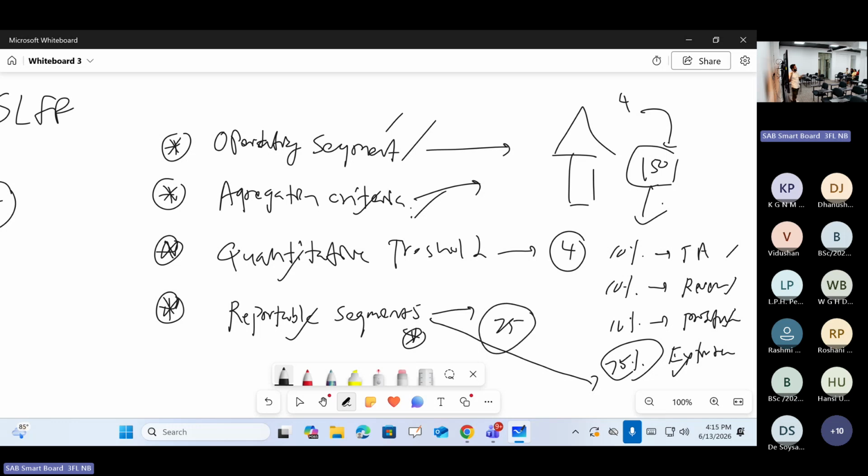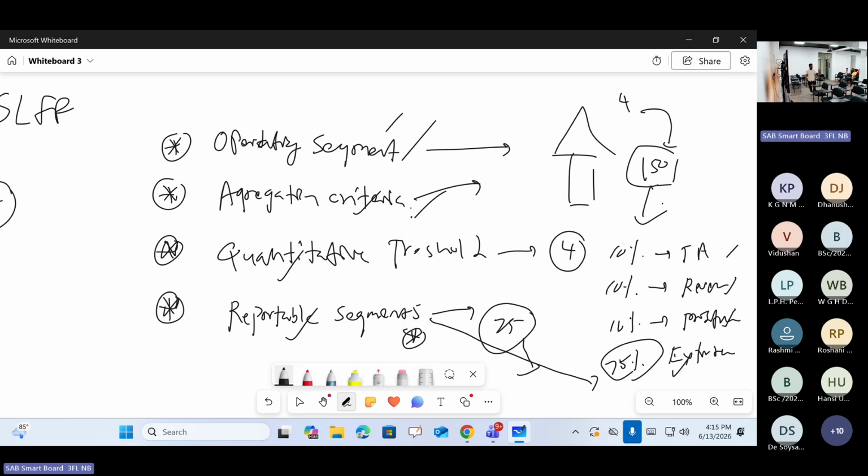After aggregation and the quantitative thresholds, by putting these filters, you are ending with 75 reportable segments out of 150 operating segments. Your duty is to identify what the reportable segments are. That's it. I hope it's clear.